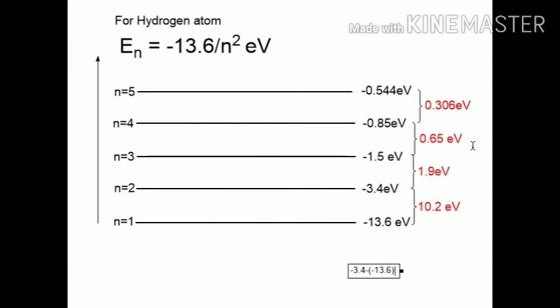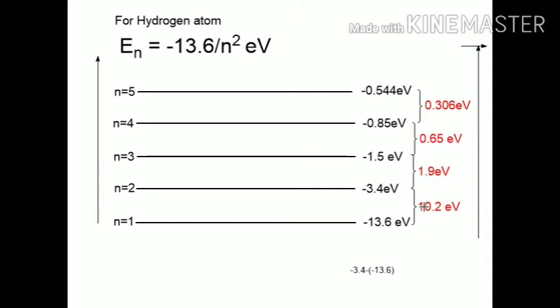Similarly, between 2 and 3 the difference is 1.9 electron volt, between 3 and 4 it is 0.65, and between 4 and 5 it is 0.306. Now that means as we go from the lower level to the upper level, the energy difference between the levels keeps decreasing.